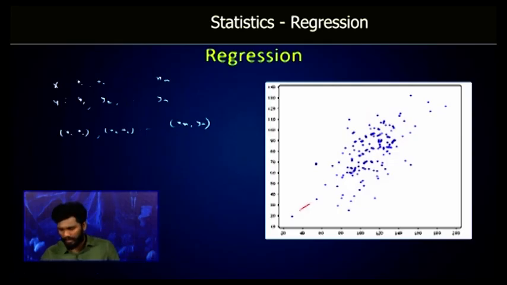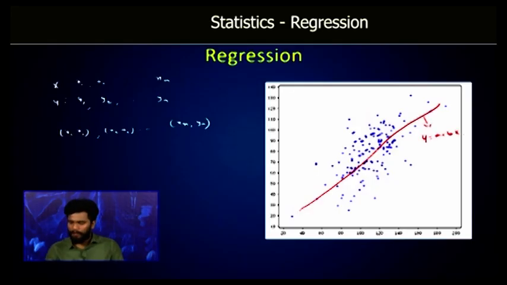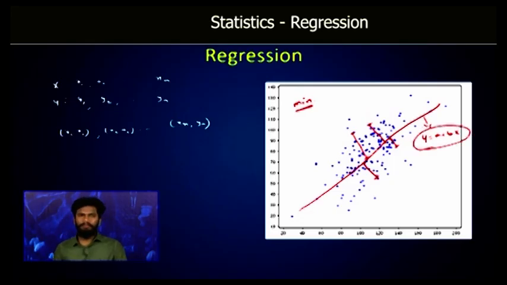When you draw a line, say y is equal to a plus bx, such that the sum of the squares of the deviations from each and every point to the line must be minimum, then we can say that this line y is equal to a plus bx is the best fit, and we can also call it the best regression line.